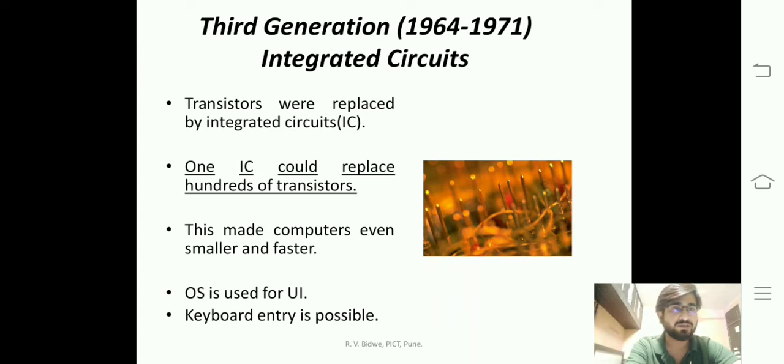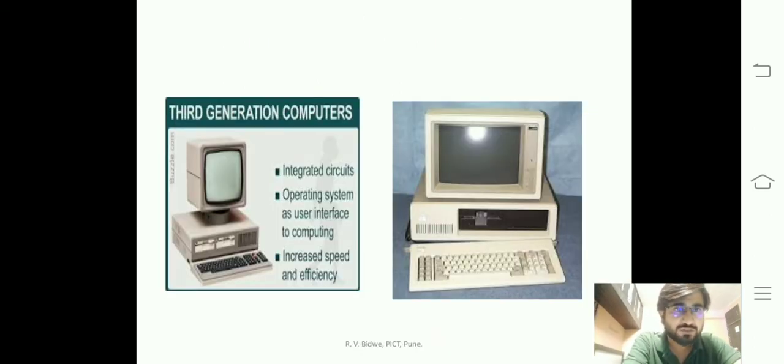The UI may be whatever UI we are getting nowadays, or it may be a simple command prompt where you are supposed to write the commands and perform the operations. Again, from this generation, keyboard entry was possible. Keyboard was there in the previous generation also, but it was used for specific purposes like writing assembly programs. But here the keyboard can be used for multiple purposes. So this was the picture of the third generation.